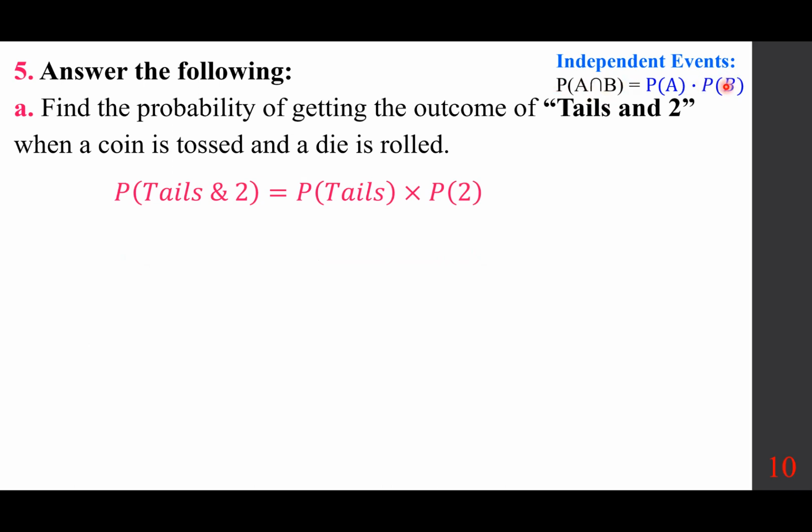If 2 events are independent, probability of A intersection B becomes probability of A times probability of B, as it was mentioned in the previous page. Tails, 1 out of 2, probability of 2, 1 out of 6. Their product is 1 over 12.